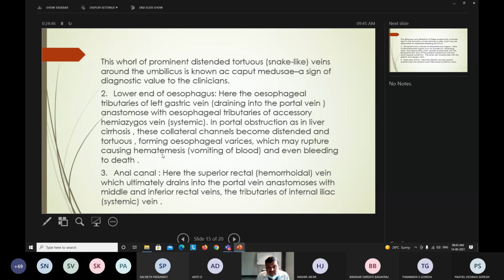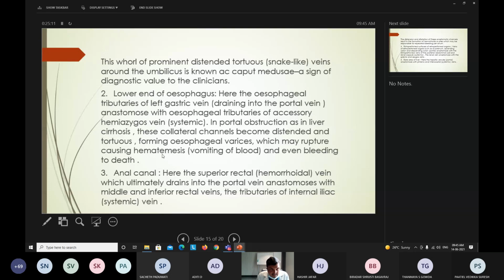Caput medusae is a sign of diagnostic value to clinicians. This diagnostic sign is seen in cirrhosis of the liver. Cirrhosis of the liver is the common cause of portal obstruction, meaning there is a blockage or increase in the portal venous pressure.